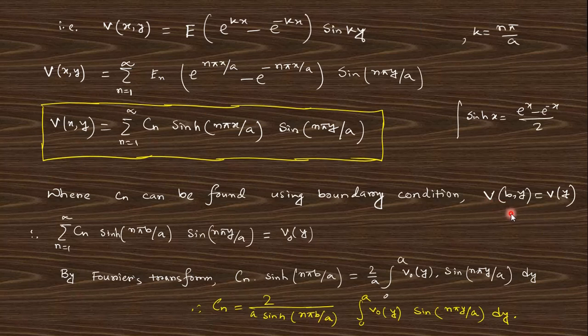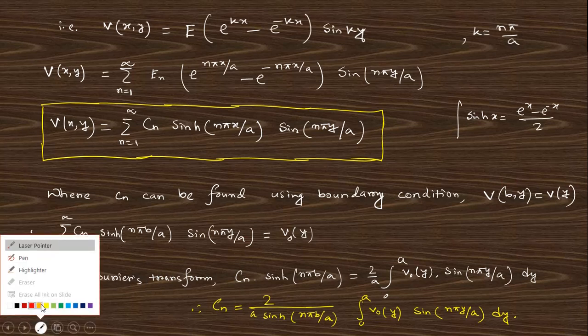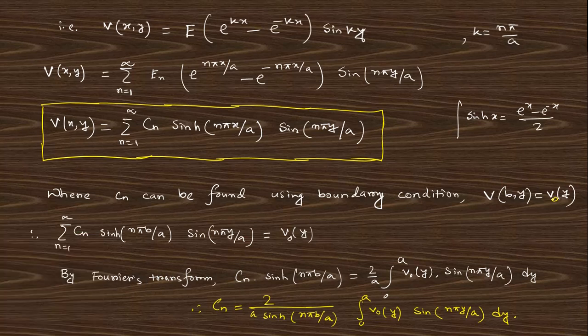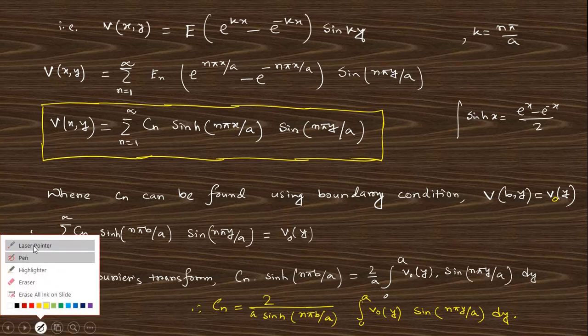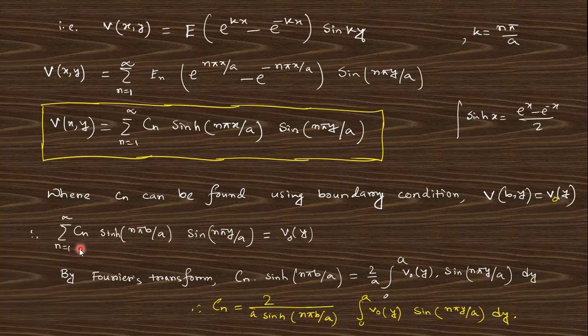What is the condition? That is V equals V0y actually. So if we put this value, and using Fourier transformation, this equals 2 by a, V0 into a.